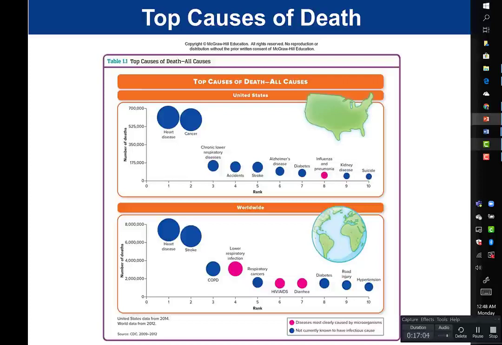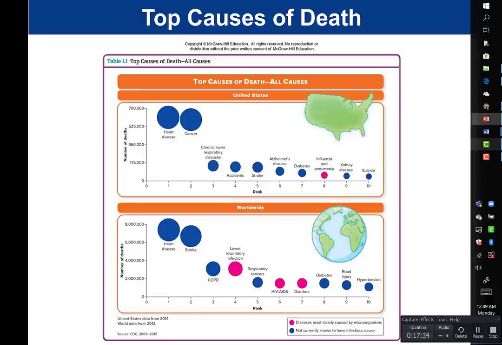Number 8, now we finally see the first infectious cause of disease in the United States. So now we have our influenza and our pneumonia. Those are infectious causes of disease. And then we have kidney disease followed by suicide. So that one always surprised me, that the number 10 cause of death in the US is actually suicide. That's pretty crazy.